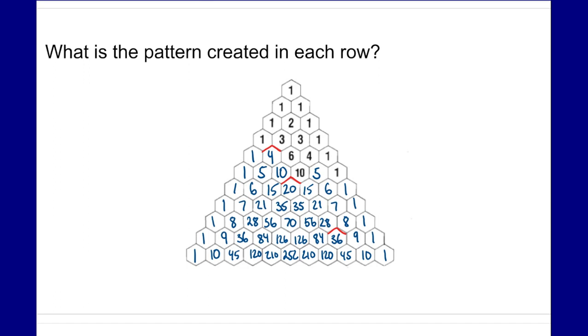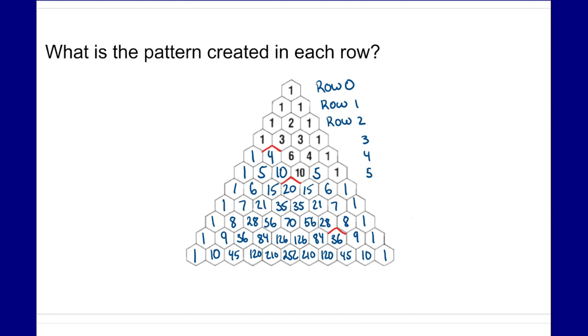Now, are there any patterns that you see in the rows? If we look at it, this would be considered row 0. So Pascal's triangle starts at zero. So row 0, row 1, row 2, 3, 4, 5, and so on.